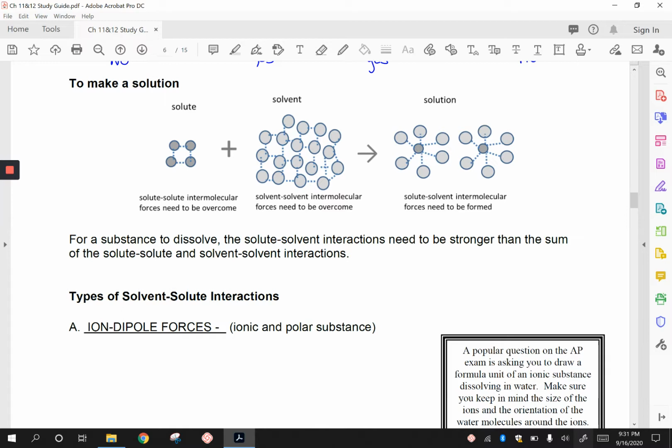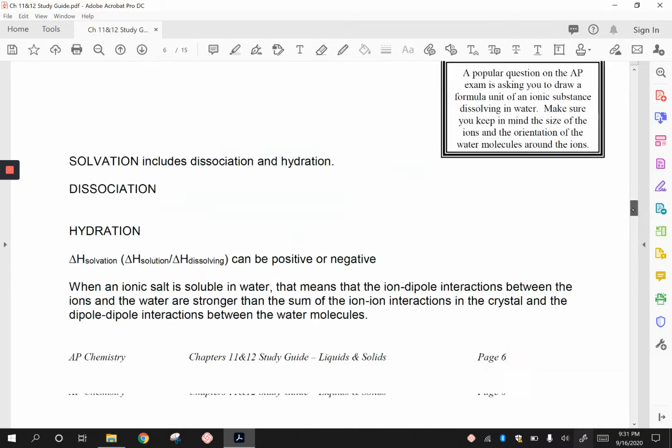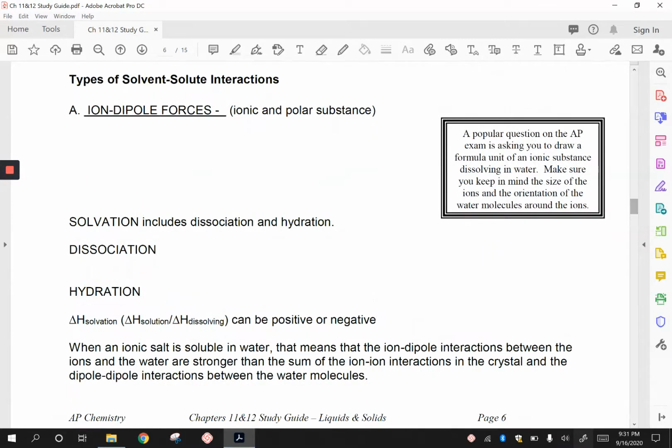And so we want the attractions here to be stronger than the attractions here and here in order for a solution to actually happen. So let's look at the different types of solutions or mixtures that we can make and the types of intermolecular forces that occur between them. So the first type of solvent-solute interactions is called ion-dipole forces. And all of these, by the way, are going to have two different parts to their name. So regularly, if I look at intermolecular forces within one substance, if I look at NaCl, for example, the attractions between the particles of NaCl are called ionic interactions.